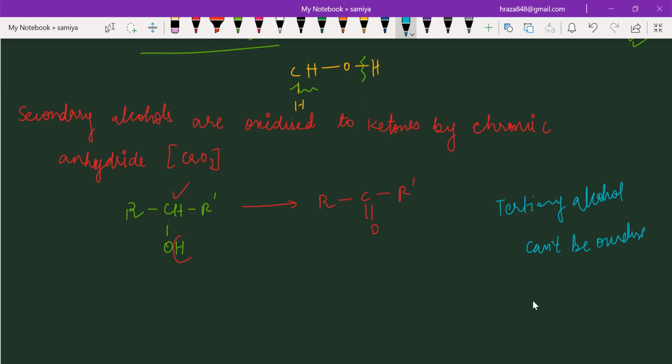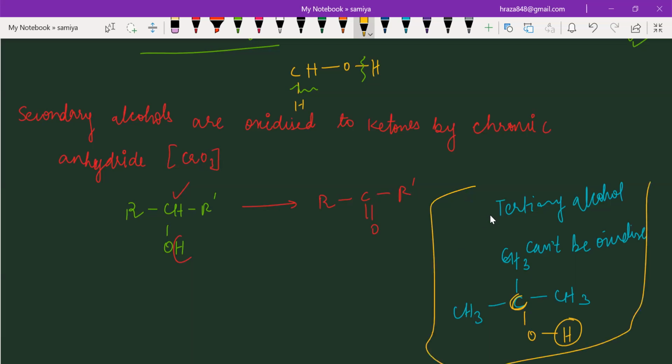Because in tertiary alcohol, focus here, there is hydrogen with the OH, but this carbon does not have hydrogen. That's why tertiary alcohol does not oxidize. If you want to oxidize it, elimination takes place, and alkene will form. Please do write it.